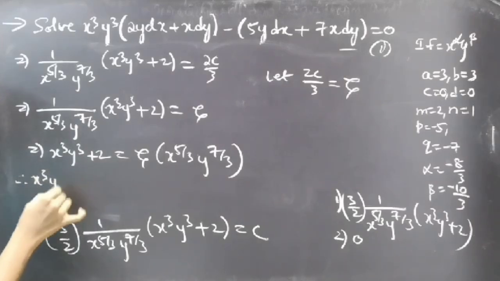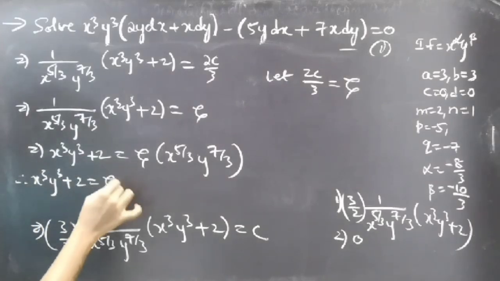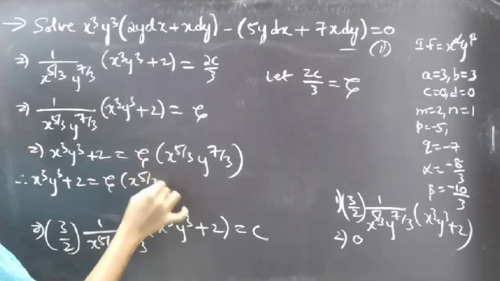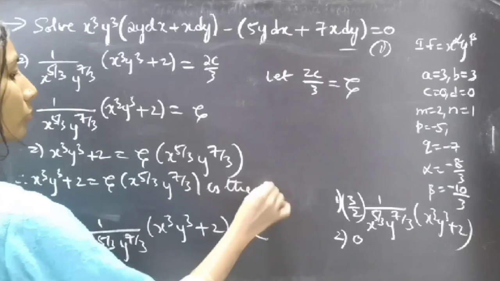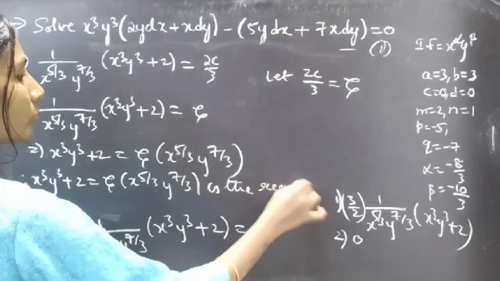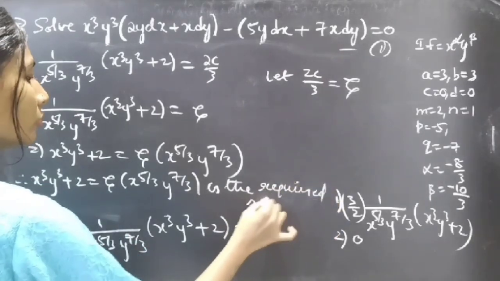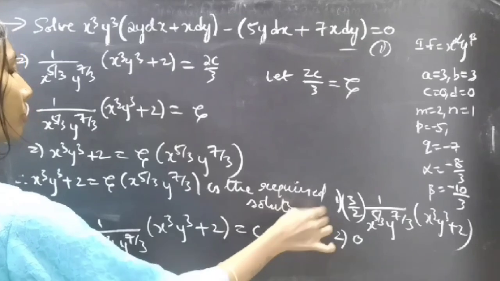Therefore, x^3 y^3 + 2 equal to c x^(5/3) y^(7/3) is the required solution. Which completes the problem.